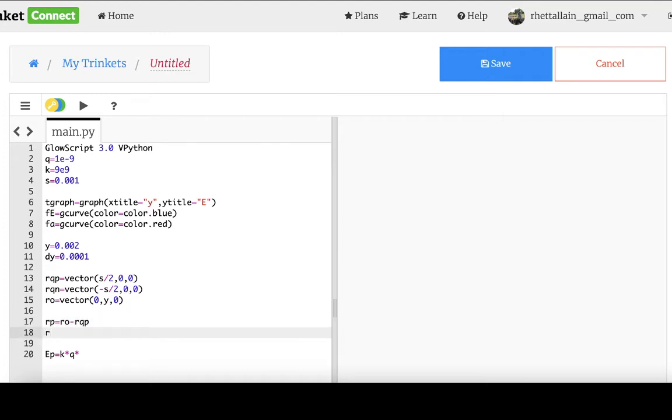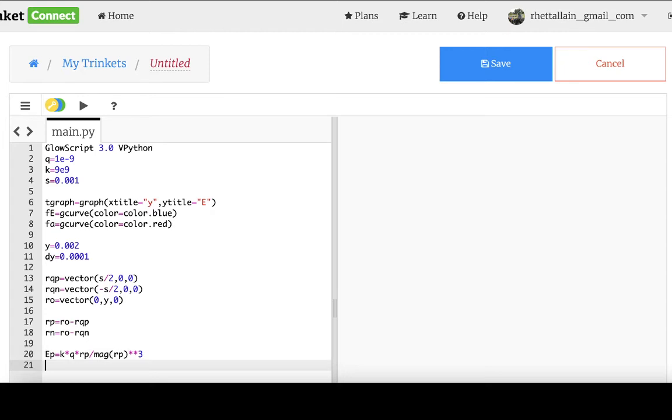And then RN, the negative, is going to be RO minus RQN. So this is going to be RP divided by the mag of RP cubed. Right, that's what we said. That's the equation for the electric field due to a point charge. It's a vector, because RP is a vector.